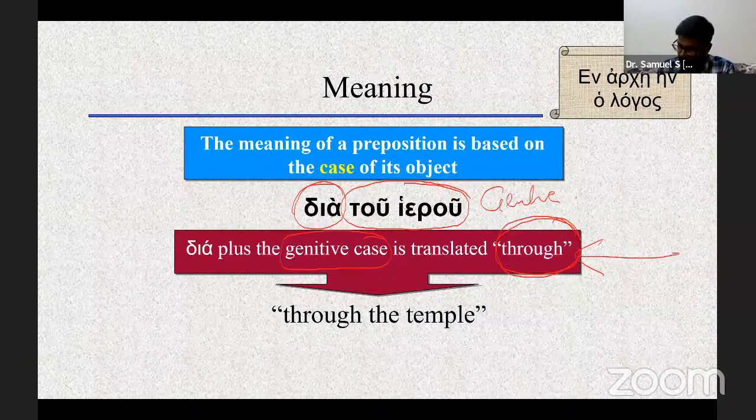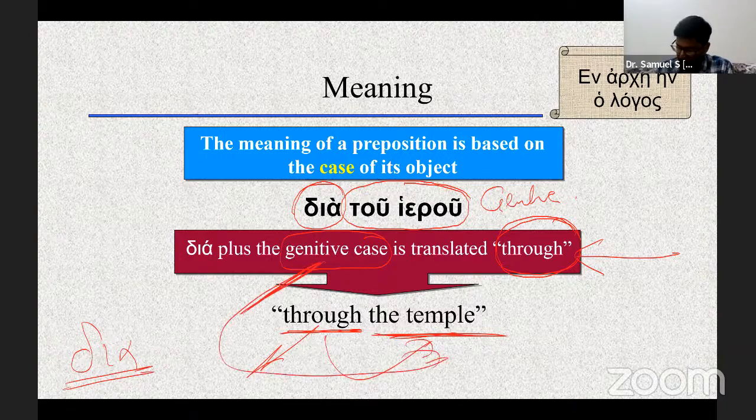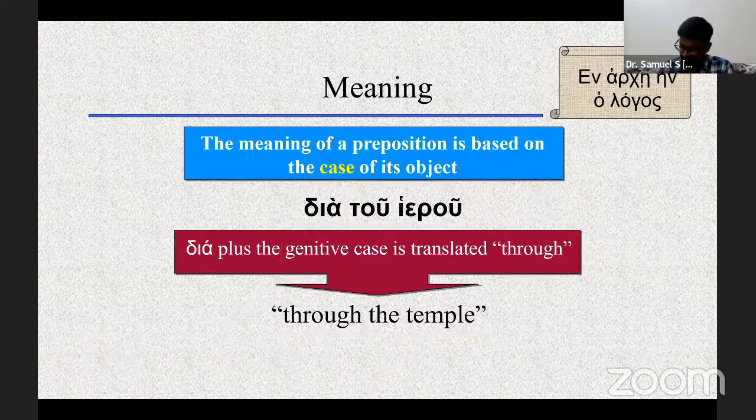Therefore, you translate through the temple. So just because you see dia somewhere in the text, you can't immediately say the meaning is through. Only if it is followed by the genitive case object, only then you will say the meaning is through. So the meaning of the preposition is based on the case of the object.